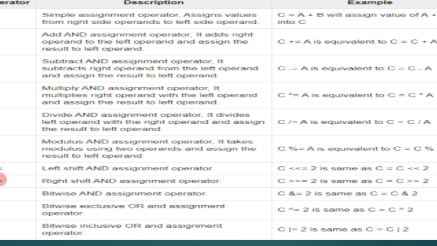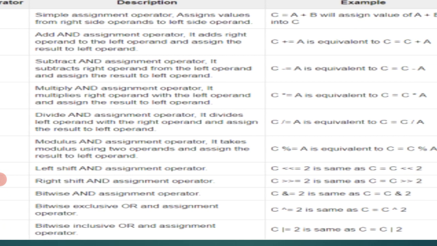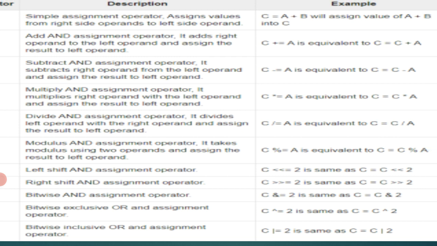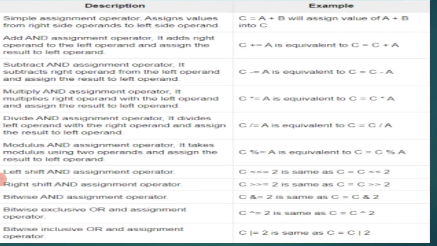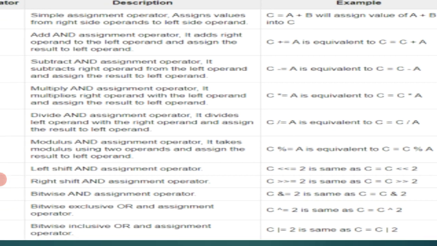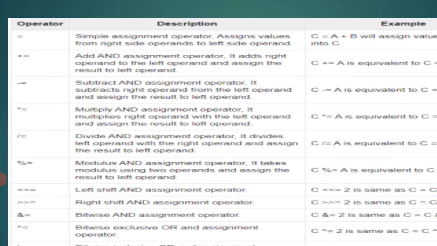As in x is equals to 10, at the right hand side we had the value 10, and we assigned that value to variable x. In the example, there is an expression c is equals to a plus b. So the value of a plus b will be assigned to variable c, which is on the left hand side. So that is the assignment operator.